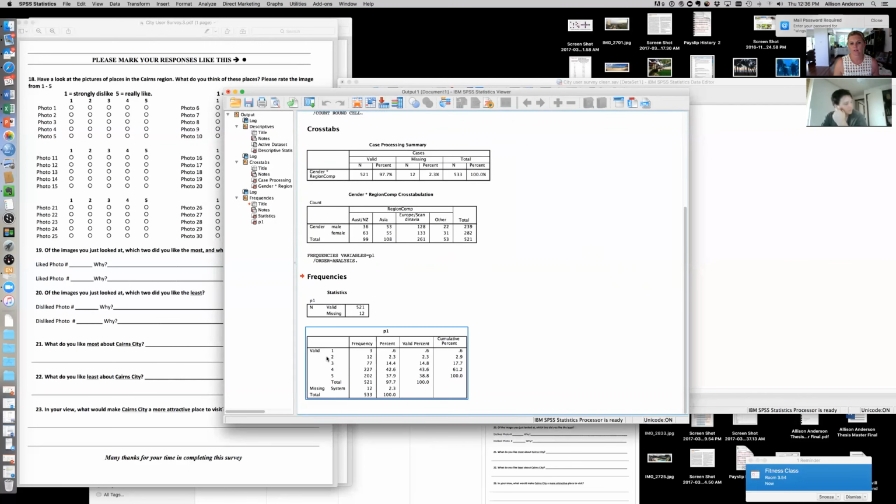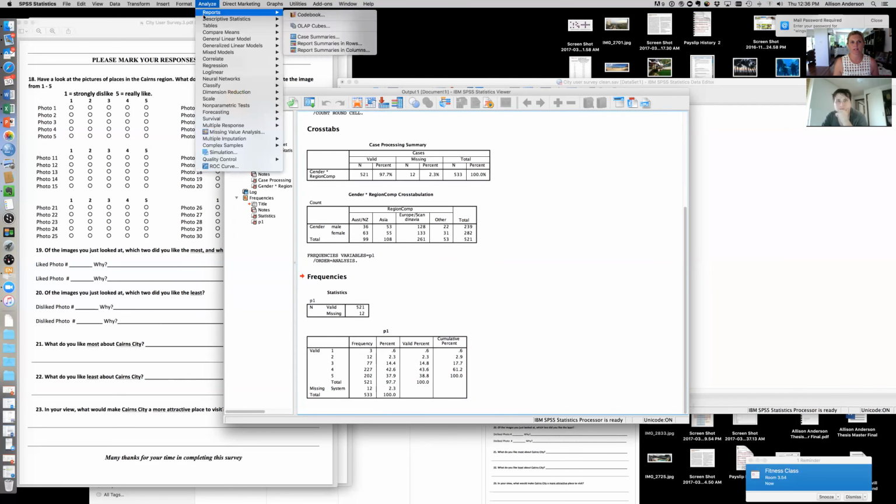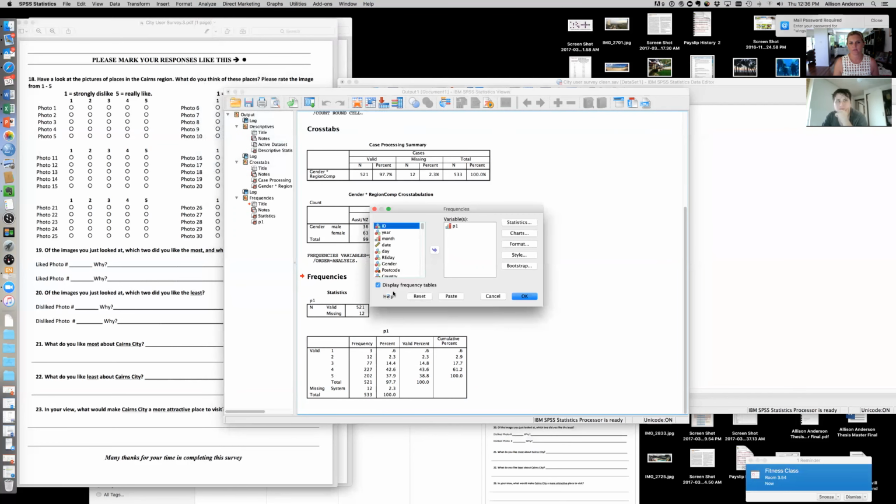Yep, so it shows me the frequency of people who rated picture 1 a 5. So 202 people, you can see that was quite a popular picture. 227 people rated picture 1 a 4. What I can do is actually process this exceptionally quickly. I can do frequencies for the pictures, and obviously I can capture the mean as well.